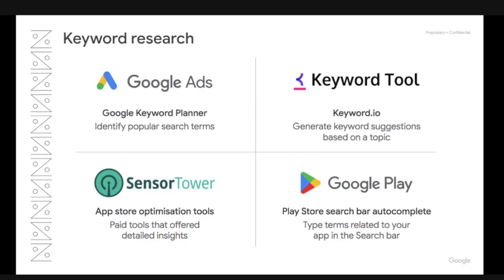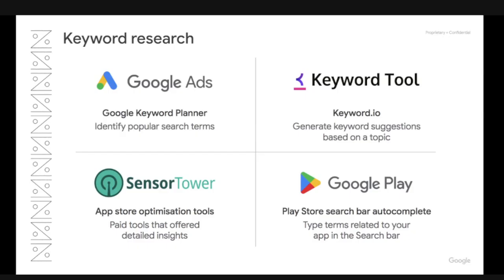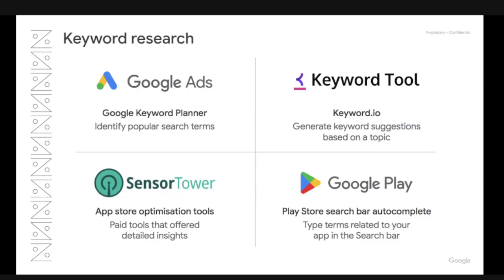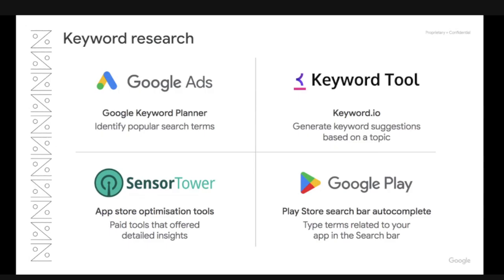What it does is identify popular search terms relating to your app features. So basically what you do, you put in all your app features, and it's going to tell you which popular search terms are happening. So this is not a gimmick, this is real stuff. Basically, it tells you online people are searching for this kind of stuff.